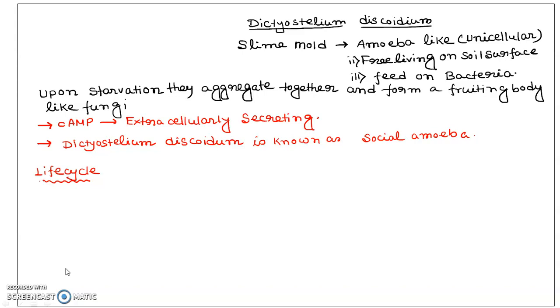Now, what is Dictyostelium discoideum? It is a slime mold, an amoeba-like unicellular organism, free living on the soil surface.